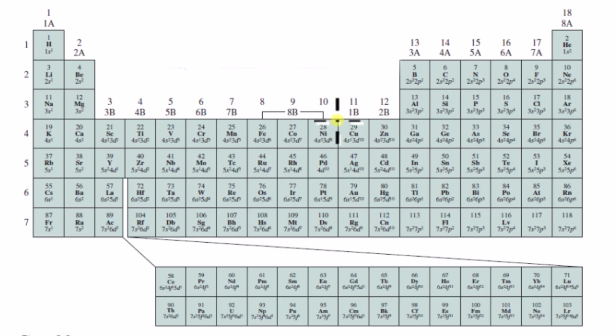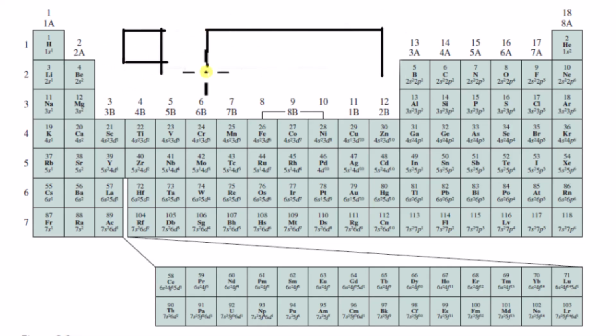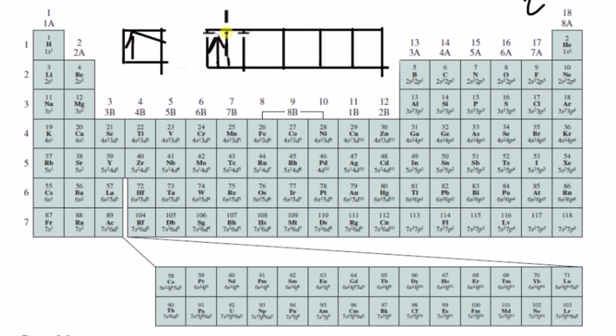Okay, but now, what about these two? Why is this 1B? So I guess this matches up with 1A. Yeah, it does, because if you remember, so copper was the way you fill copper. So just following the standard chart, that diagonal chart, you would do like this. You'd fill this one, it would be like this.